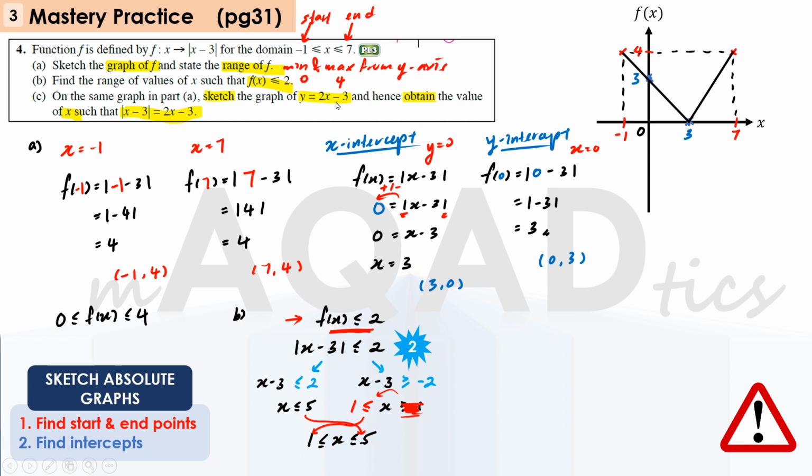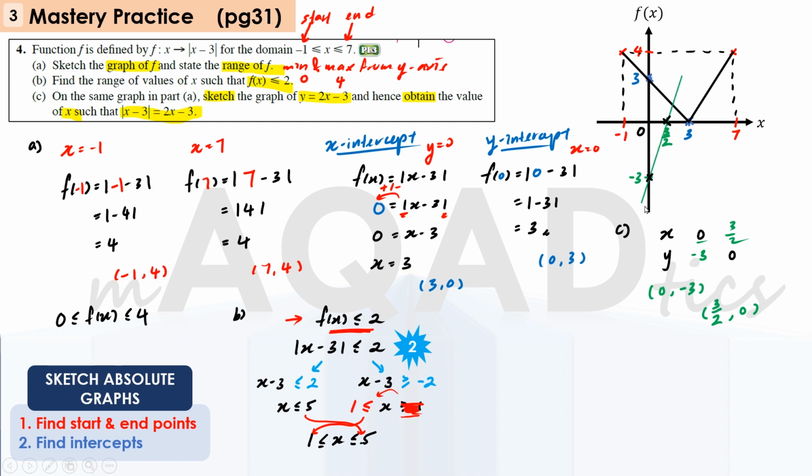So we just need to find the intersection point. But firstly, let's draw this line out. The easiest way to draw a line is to figure out the x-intercept and the y-intercept. So I just plot these 2 points here and draw the line.